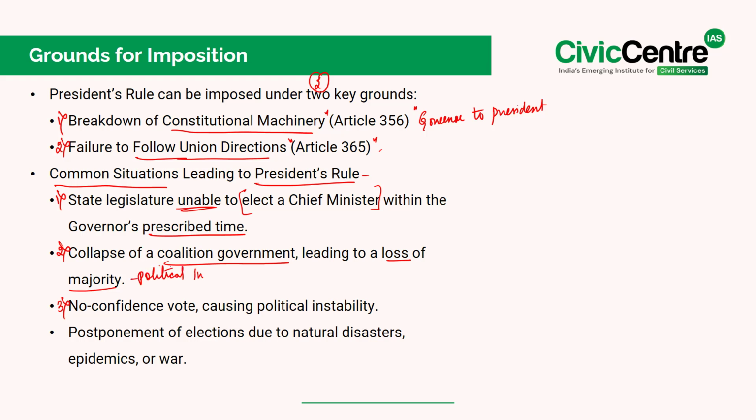Additionally, a no-confidence motion leading to the fall of the government can escalate the instability, making it necessary to dissolve the administration. And moreover, delayed elections due to natural disasters, epidemics or war can create an administrative vacuum which may justify imposing President's rule to maintain law and order.